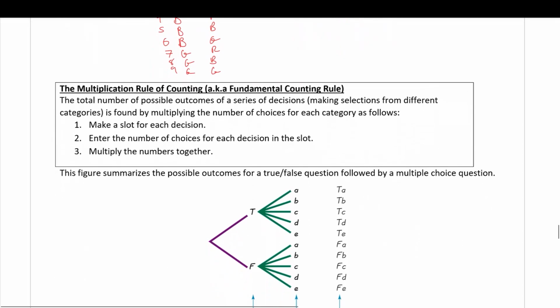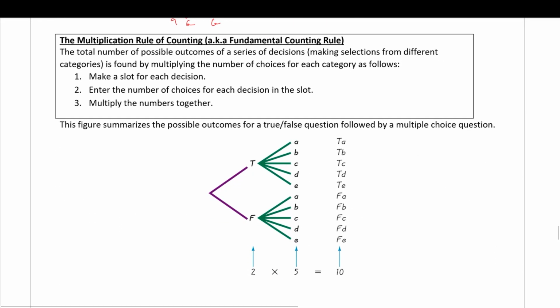So here's another example that illustrates this. For example, if I were to give you a very short, 2-question quiz, and the first question was a true or false response, and the other question was a choice of 5, right? So if you were to answer true for the first question, you can go true, and then A, B, C, D, or E, so you have a T, A, T, B, and so forth, and then the same for false, right?